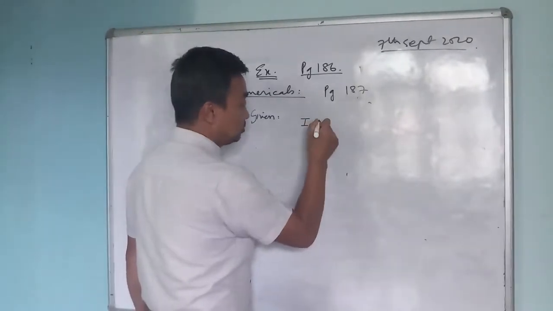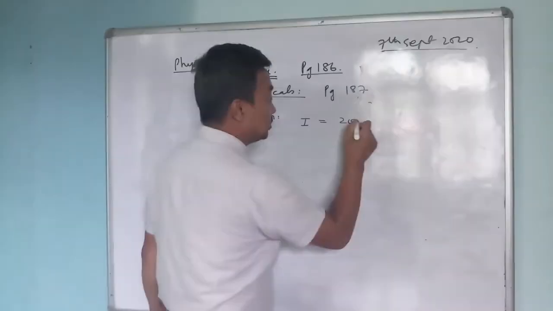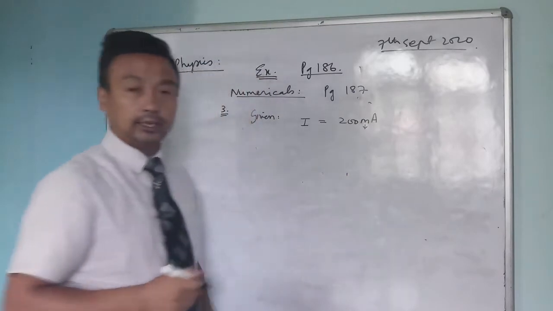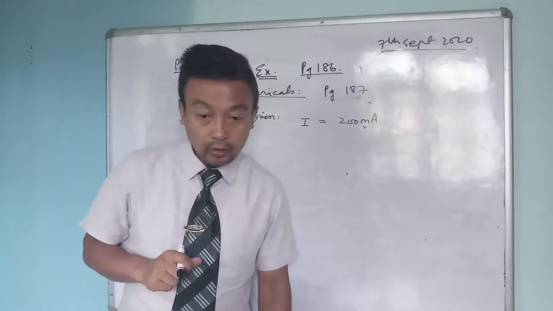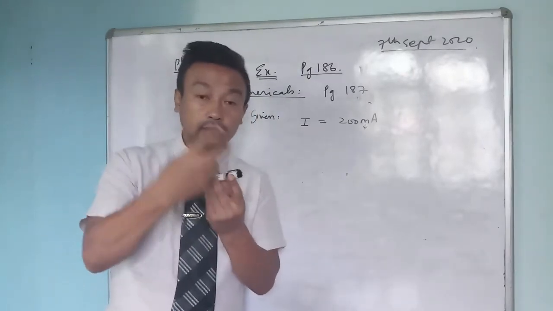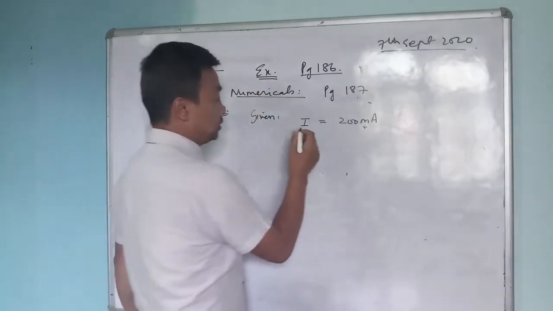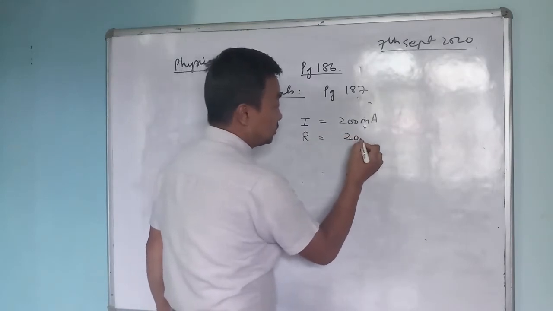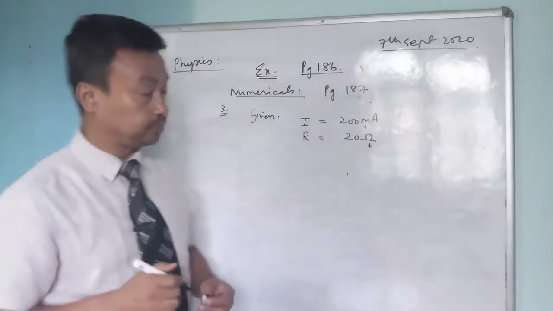We always write it with the symbol I. And how much current is flowing there? 200 milliampere. You have just learned that milliampere is actually 10 to the power minus 3. And the current is flowing in a wire or conductor, and that wire is offering a resistance of 20 ohms. Resistance is given by capital R, and it is 20 ohm. This is the unit of the resistance, ohm.